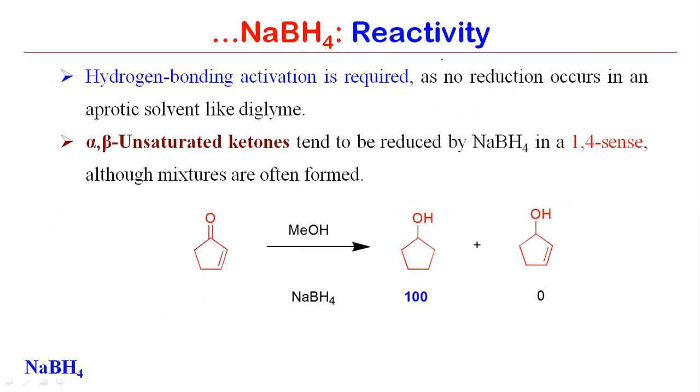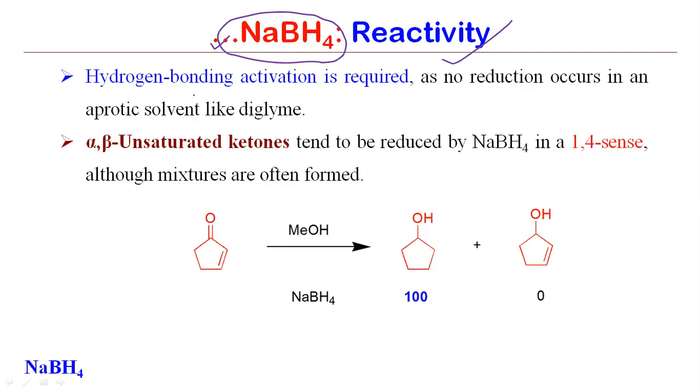Now we are coming to the reduction power and reduction property of sodium borohydride. As I have mentioned, we use a polar protic solvent whenever we use sodium borohydride as a reducing agent for reducing some functionality. Most commonly, carbonyls are the functionality reduced using sodium borohydride.